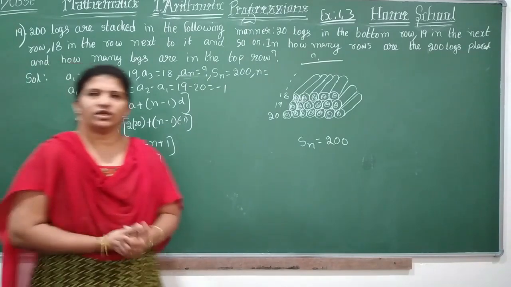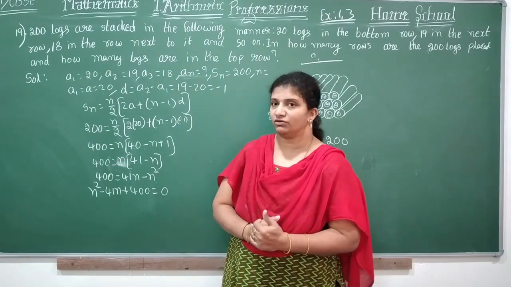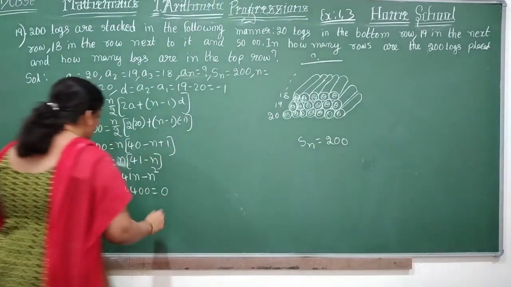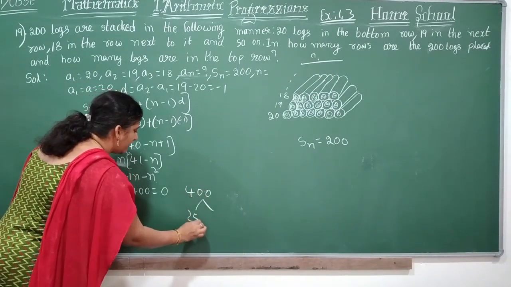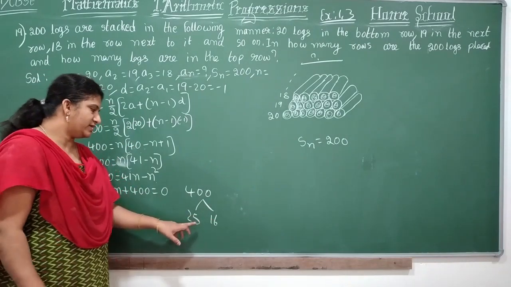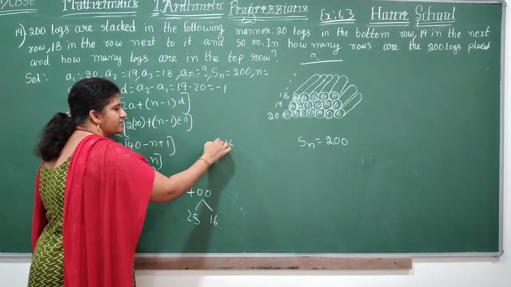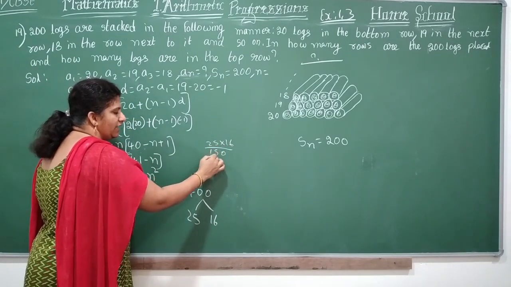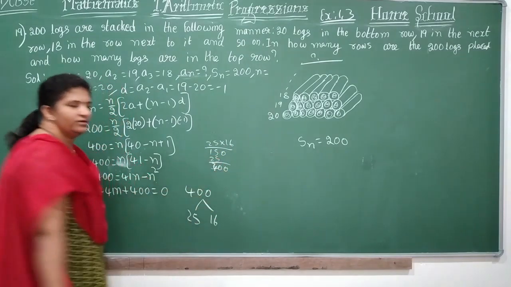Children, now you need to factorize this one. How to factorize here? We need to find the factors. I have already found them. What are the factors of 400? 25 and 16. Let's check: 6 fives are 30, 6 twos are 12, plus 3 is 15, and this will be 25. 25 times 16 is 400, right? Yes.